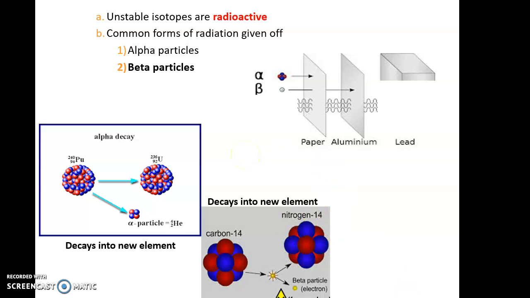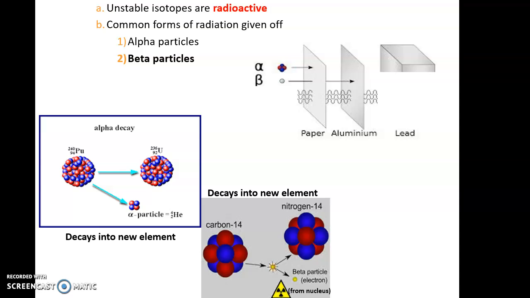Then we have beta radiation that releases beta particles. A beta particle is an electron or negative charge. So here is carbon-14. It is radioactive. It breaks down into nitrogen-14.